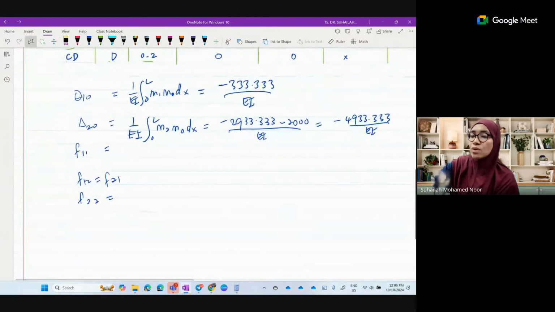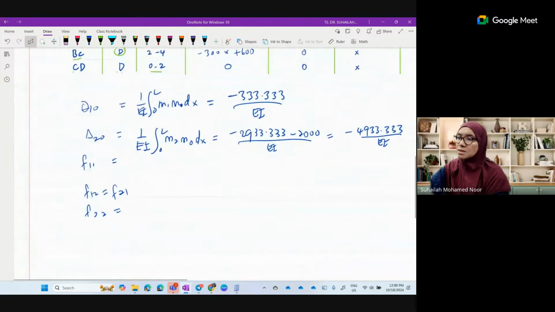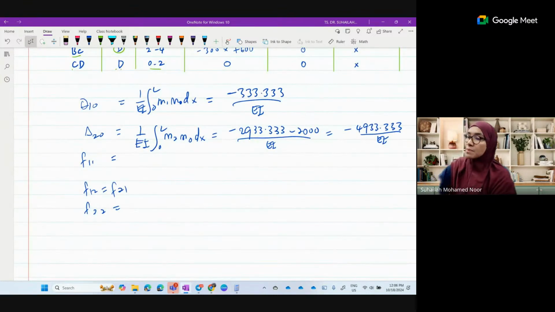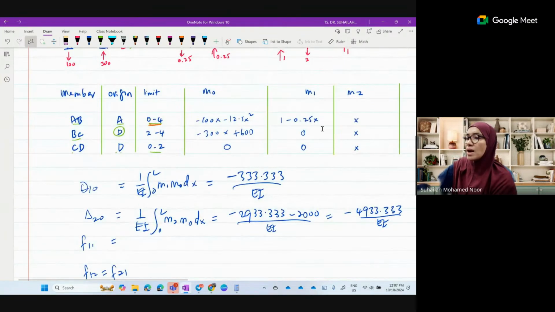Okay, nanti F11, F21 ni dia akan small number. Yang nombor yang big number ni pada primary system, because of the external loading tu kan. Okay, and due to unit value ni, kalau for M1, yang ni je lah 1 minus 0.25x square, saya akan dapat nilai F11. Yang M1, M2, yang ni M2, tiga-tiga sekali lah.